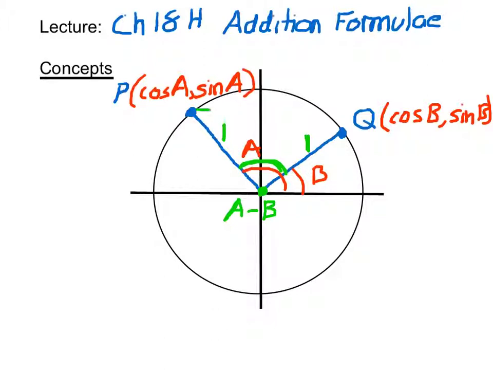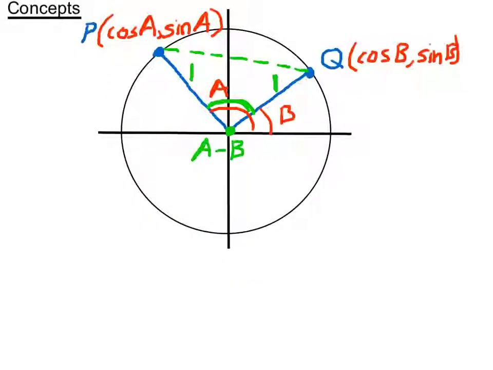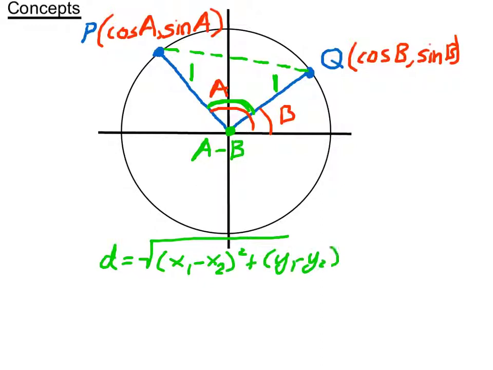And now we can use the distance formula to find the distance between points P and Q. If you remember from geometry, the distance between any 2 points on the Cartesian coordinate system is simply the square root of x1 minus x2, or the x-coordinates, squared, plus y1 minus y2 squared, or the y-coordinates, squared.